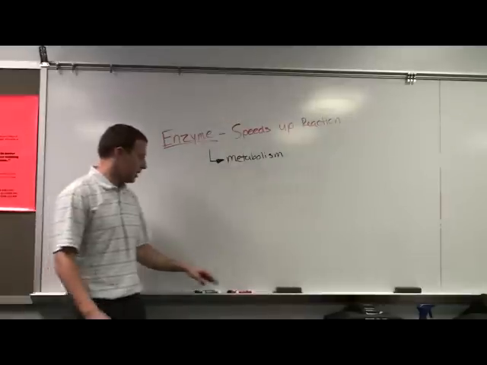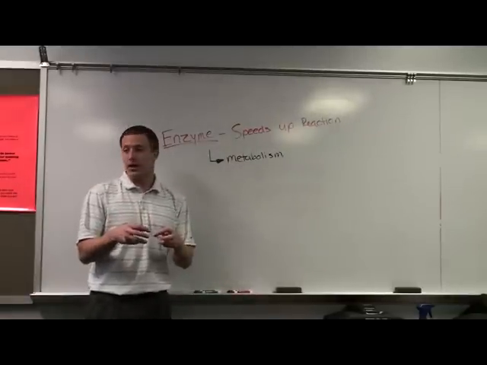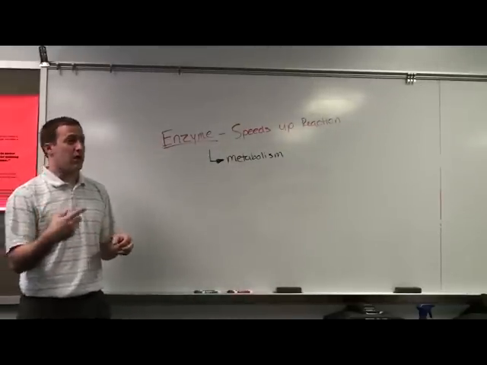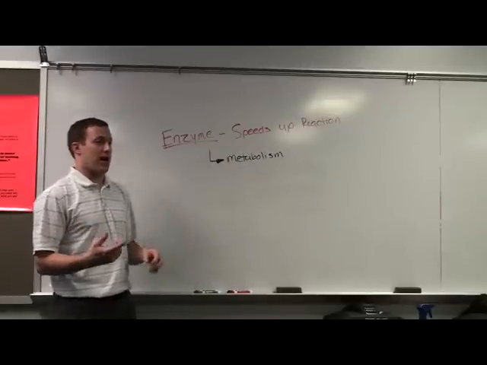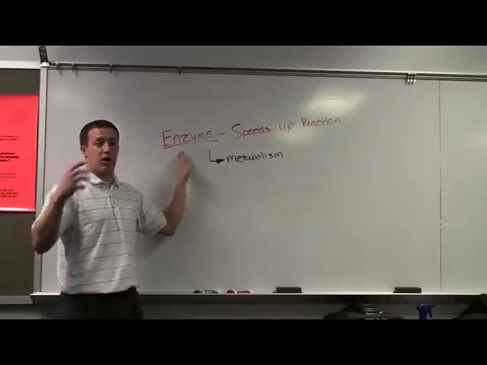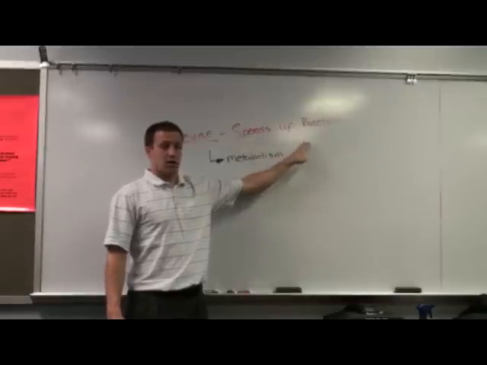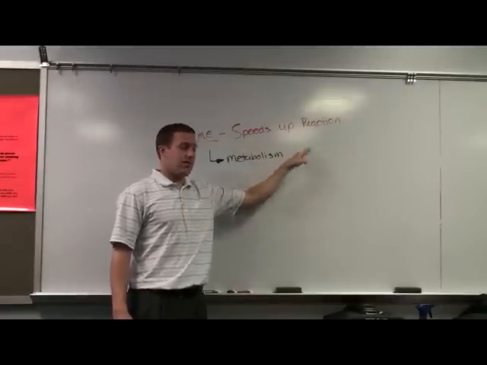And that can happen in any reaction. If I add water and Kool-Aid together and I want them to dissolve faster, how can I do that? By adding an enzyme. If I added an enzyme, they would dissolve faster. So what does an enzyme do? Speeds up the reaction.